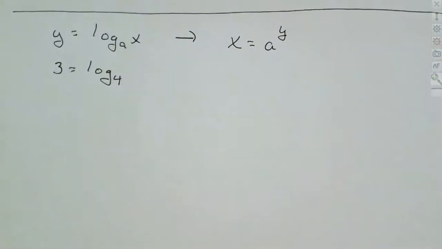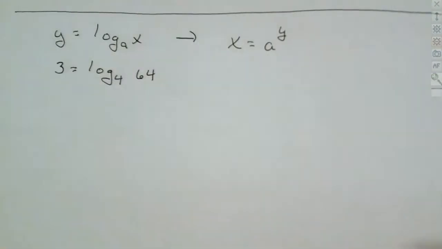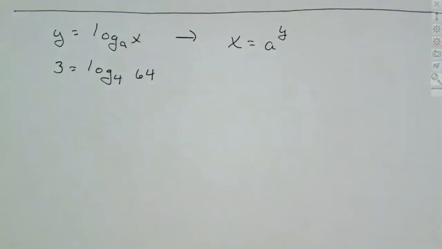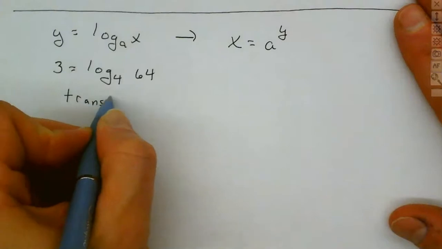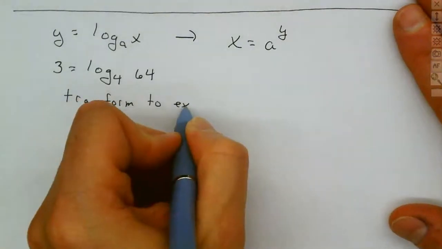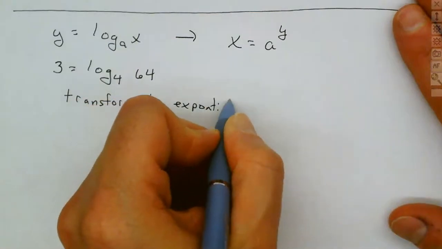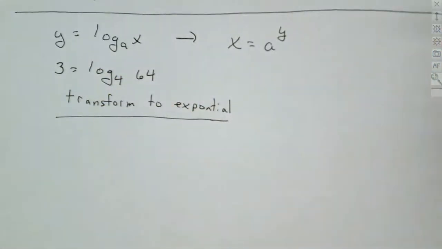And let me come up with a number here. 4 cubed, and 4 cubed is 64. So we are going to transform this into an exponential.